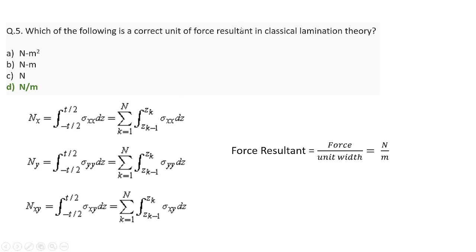So this summation of all the stresses in one particular direction is combined into a force variable, which is known as the resultant force. The force resultant has the unit of force per unit width. Force is Newton and unit width will be meter. So it is Newton per meter.